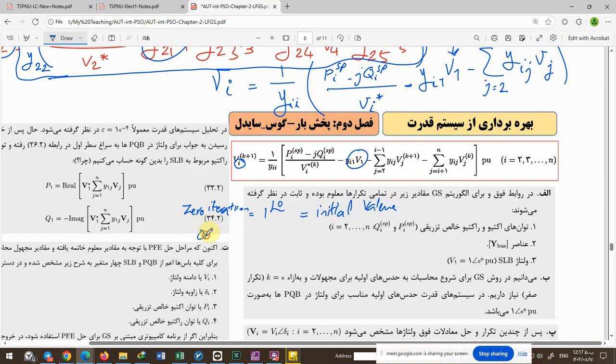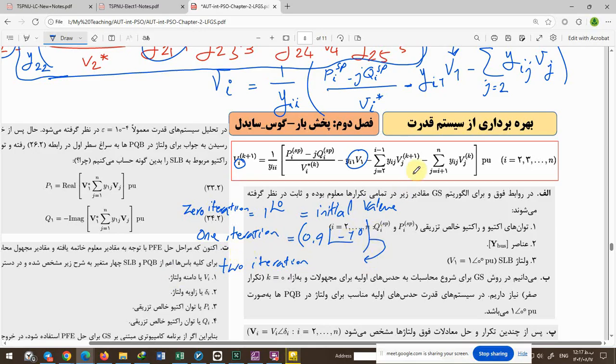The one iteration should be another number, for example 0.9 with minus 1 degree. In iteration 2, you have to use the last update of the previous iteration in the next iteration.